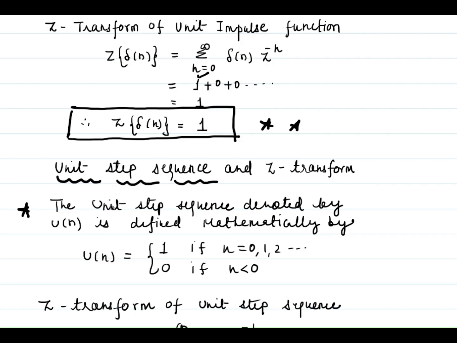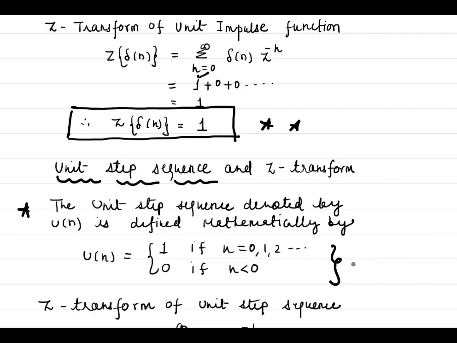Since we are calling it a unit step sequence, we denote this as u n. This equals 1 or 0, but here we define 1 if n equals 0, 1, 2, 3 and so on. But if n is less than 0, meaning the value of n is negative, below 0, we always write u n equals 0. So this is the definition of the unit step sequence.